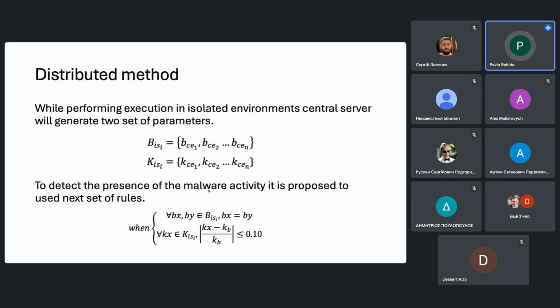While performing execution in isolated environments, the central server generates two sets of parameters, where B is a set of behaviors related to one infected software, and K is the productivity coefficient. To detect the presence of malware activity, it is proposed to use the next two rules, which describe what we have spoken about earlier.